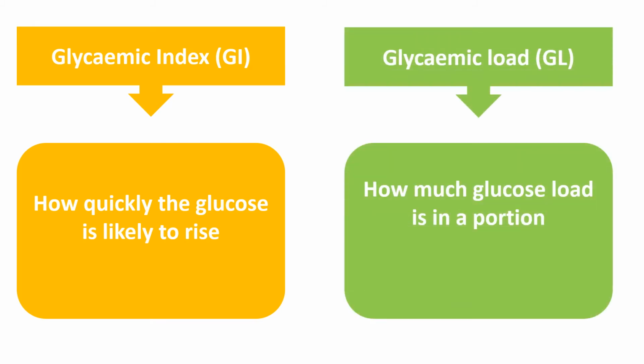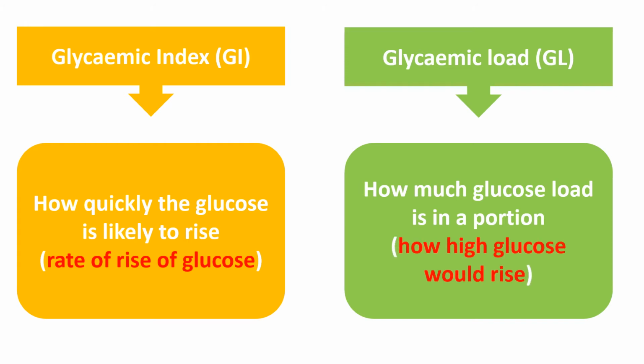While glycemic load is another type of number calculated on the carbohydrate, which tells you how high the glucose would go because it depends on the glucose load in that particular portion. So glycemic index is the rate of rise of glucose, while glycemic load is how high the glucose would rise. Let's have a look at some examples.